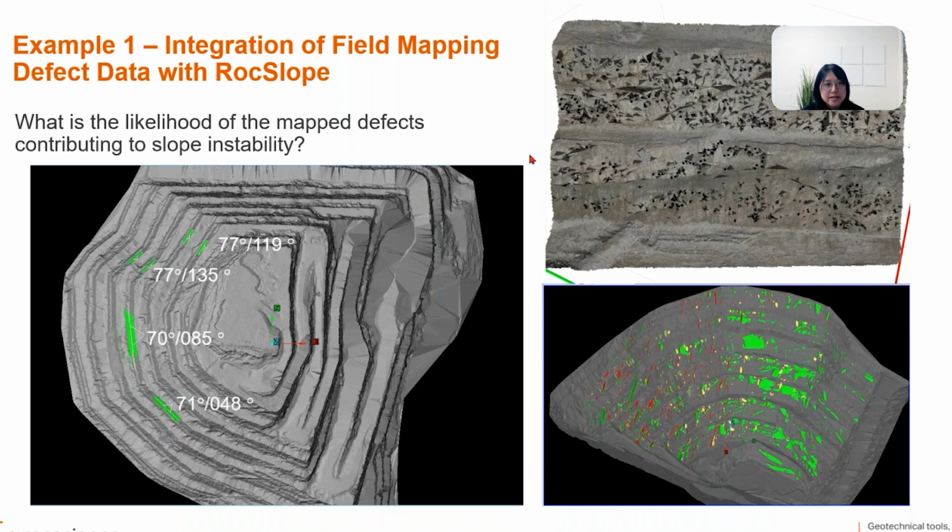Now, using all of this data, we would like to analyze the likely contribution of the mapped defects to slope instability. Now, for this example, I'm going to focus on the slope sections that are marked here with the dip and dip directions. So I'm going to jump into Dips.